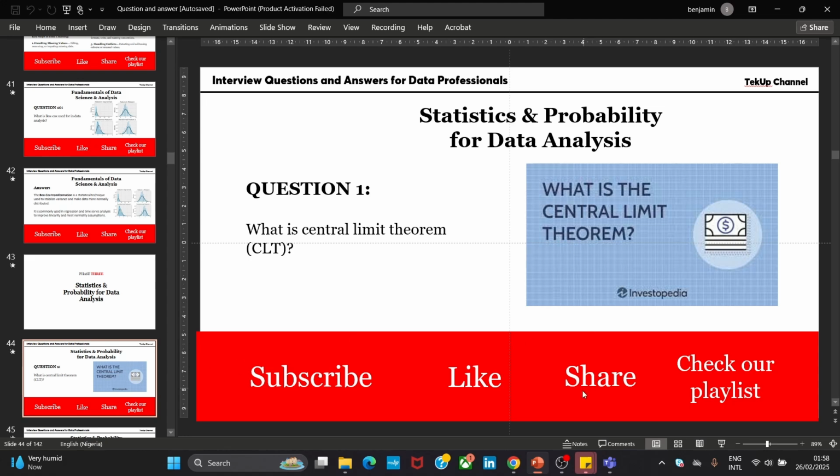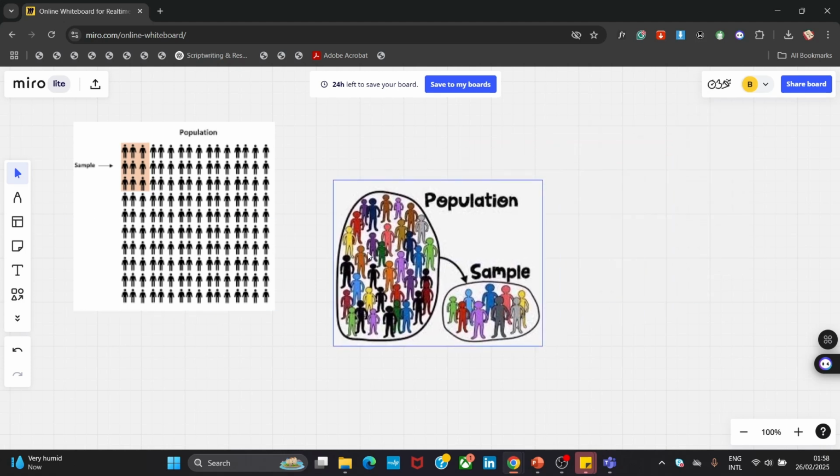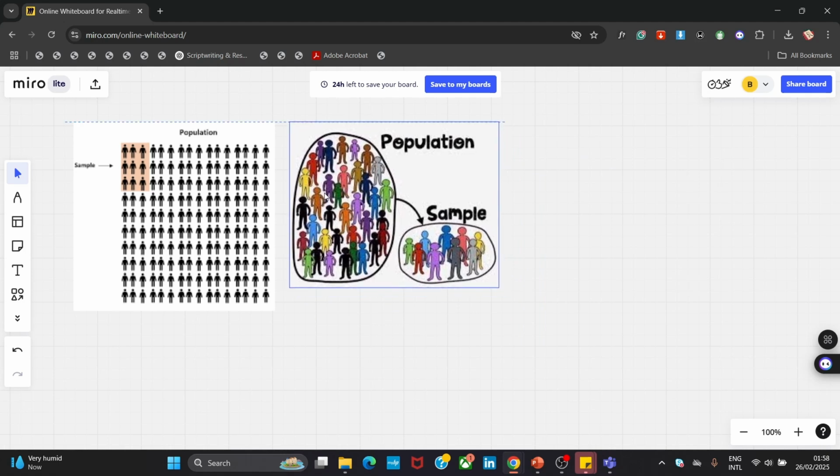For example, let's look at this image here. When you look at this whiteboard, you will see that we have two diagrams showing sample and population. This here is what we call the population. The population is the entire number of members in a given group or region.